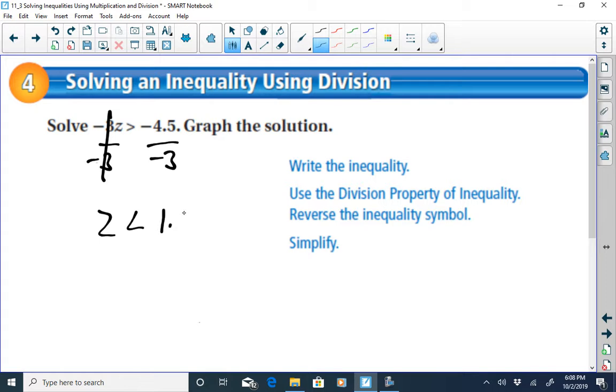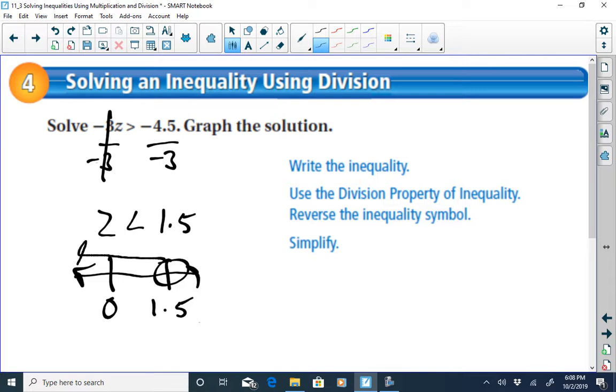That's going to be 1.5. So we have z is less than 1.5. Let's graph our solution. We're going to have 0, going to have 1.5. It's an open circle. Arrow goes to the left here.